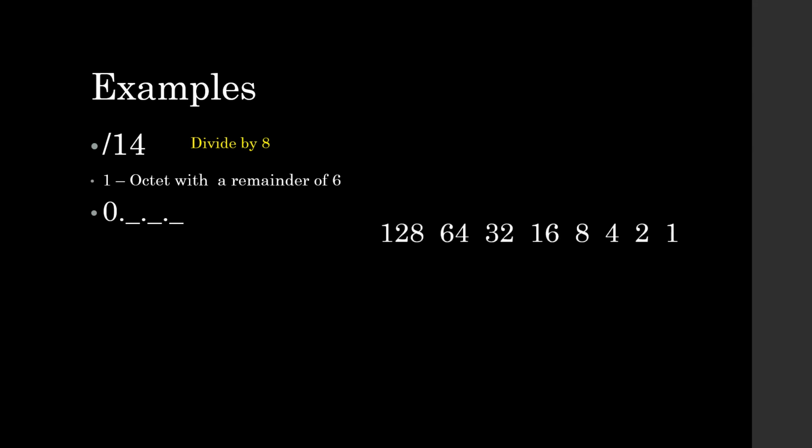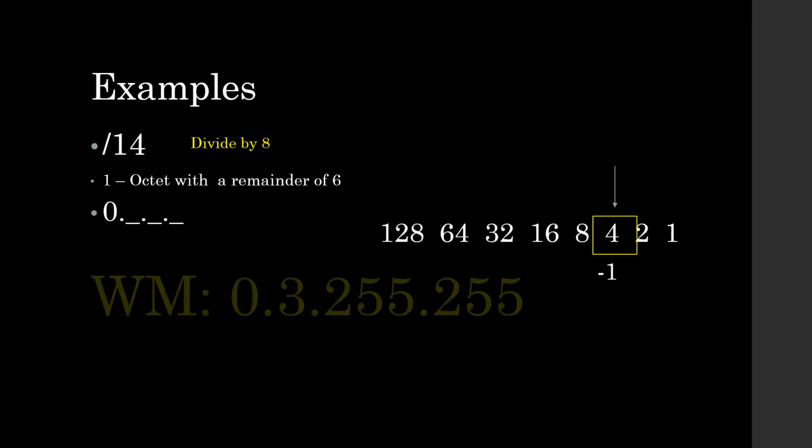For our third example, we have /14. We divide by 8 and have 1 octet with a remainder of 6. Therefore, we have 1 zero and 3 blanks. Again, we count, and since 4 is the sixth number from the left, we subtract 1 from 4.